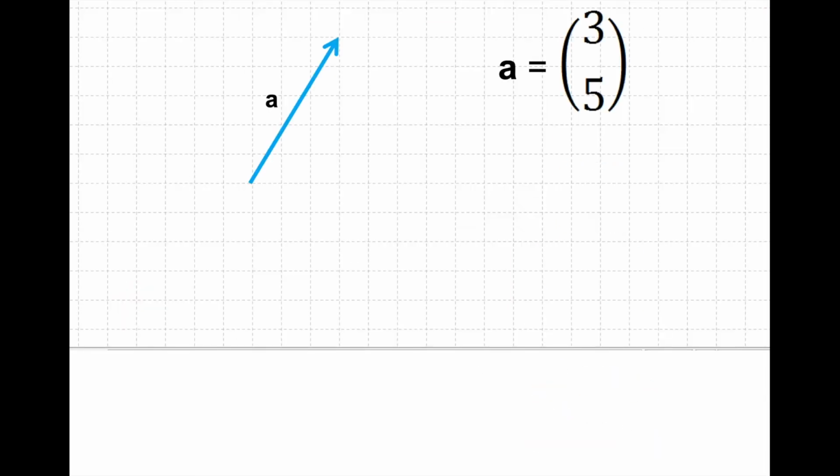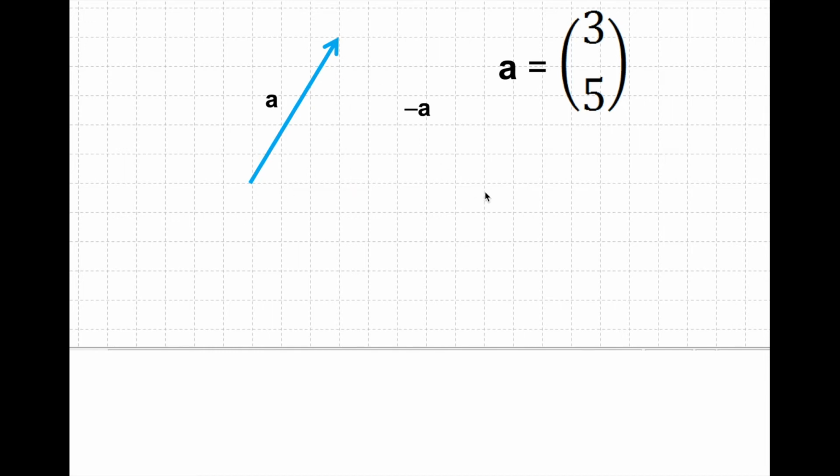Take a look at this. This is vector a, which is equal to 3 units to the right, so 1, 2, 3, and 5 units up, so (3, 5).